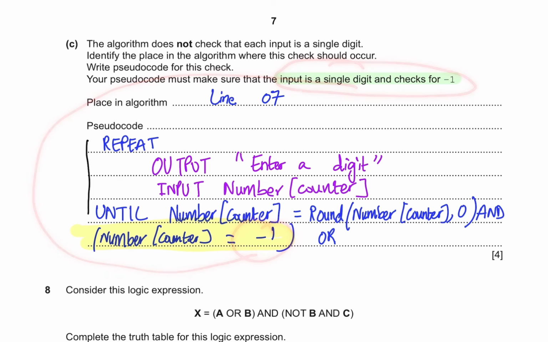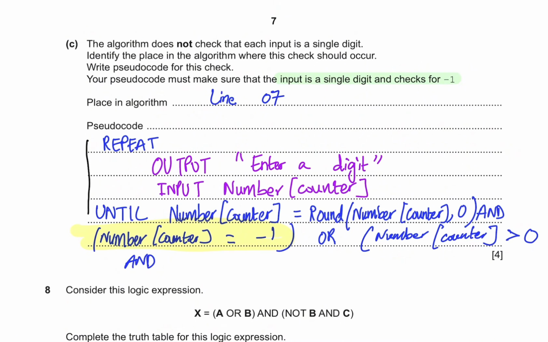Input is a single digit and it checks for -1, or number[counter] is less than 0, and you can say number[counter] is less than 10. Sorry, number[counter] is greater than 0 and less than 10. That's the range we have.